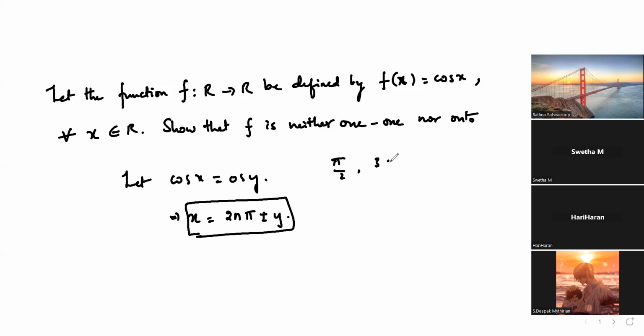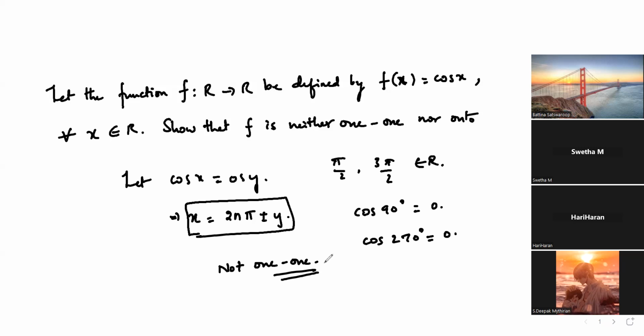Pi by 2, 3 pi by 2, they all belong to R. Or I can simply say cos 90 degrees equals 0, cos 270 degrees is also equal to 0. But 90 is not equal to 270, no, sir. So therefore it is not 1-to-1.